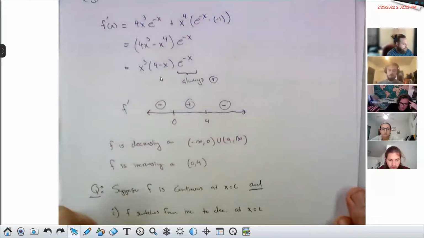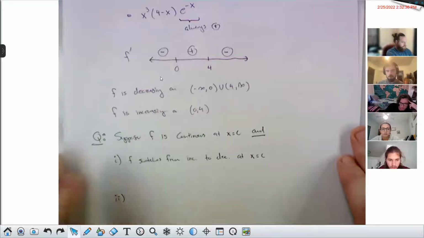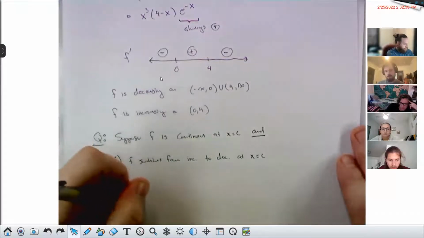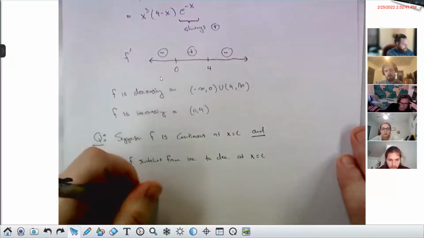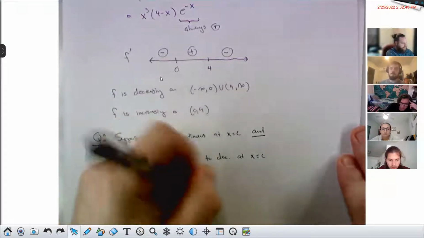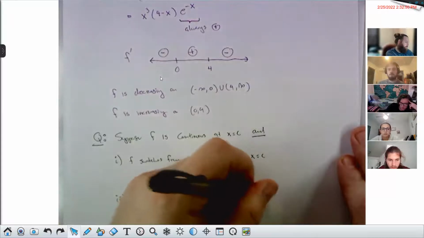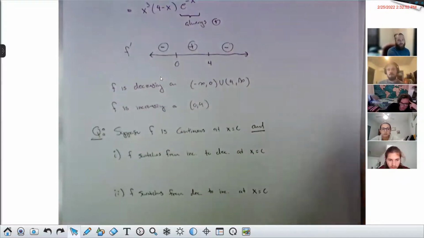I'll leave a little bit of space there. And we'll consider the other possibility. 2: f switches from decreasing to increasing at x equals c. So the hypothesis that f is continuous at c, together with either 1 or 2, will force a specific behavior or feature on the graph at x equals c.